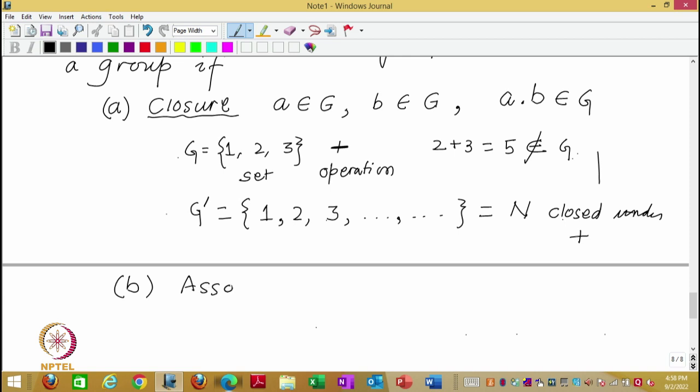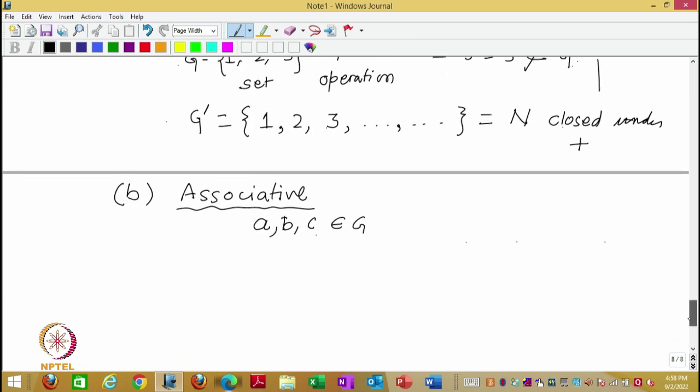The second property is associativity. This says that if you have 3 objects and you are combining them, since you have a binary operation, you do not have a ternary operation, so you have to decide whether to combine A and B first and then combine with C, or combine B and C first and then combine with A. If it is associative, it should not matter.